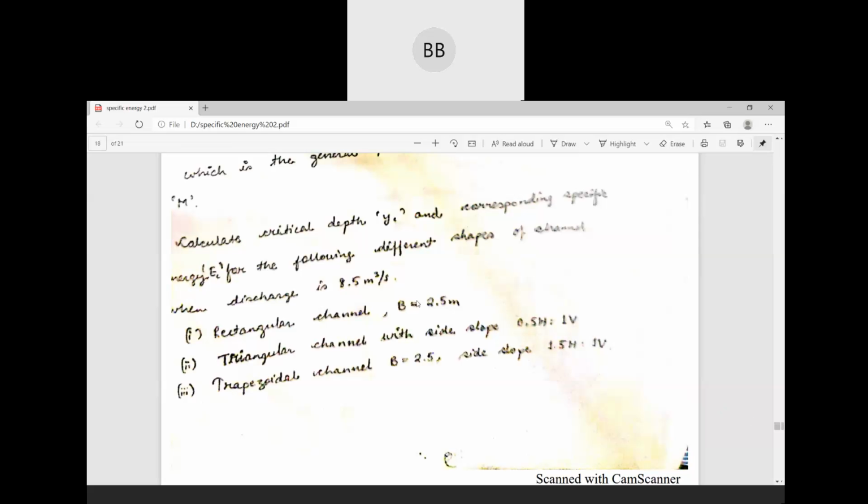Calculate the critical depth YC and corresponding specific energy for the following different shapes of channel. The discharge is 8.5 meter cube per second. So you consider only rectangular and triangular channel.